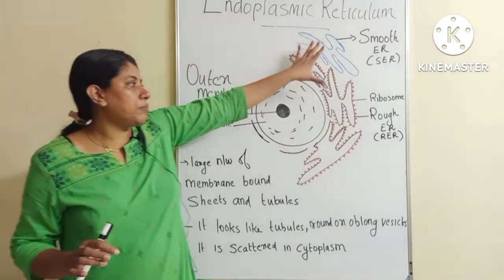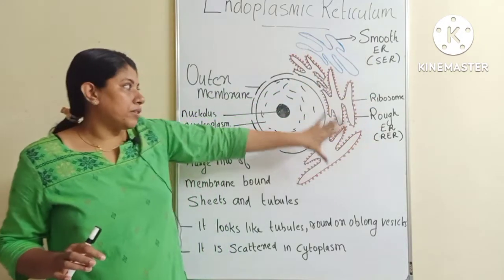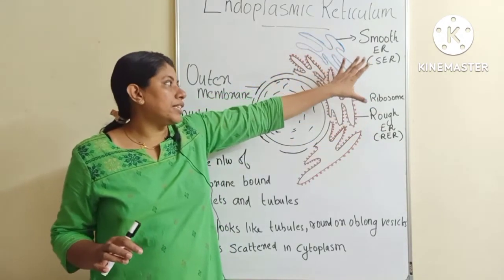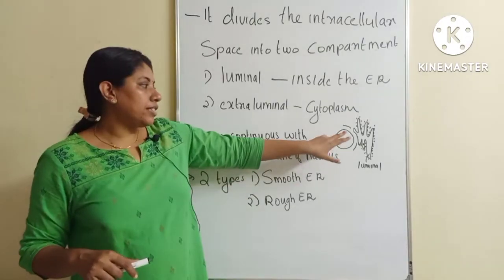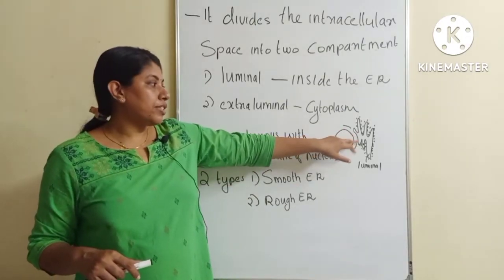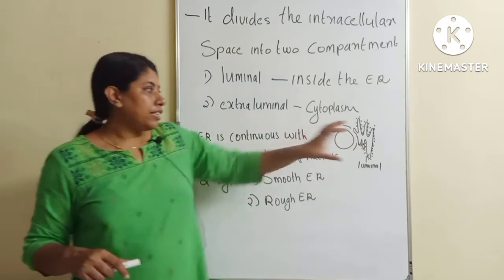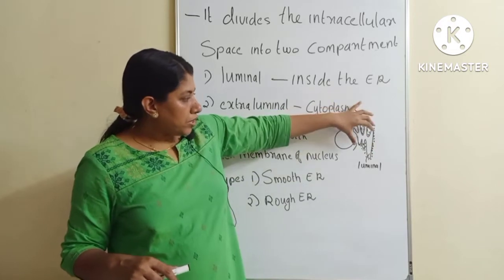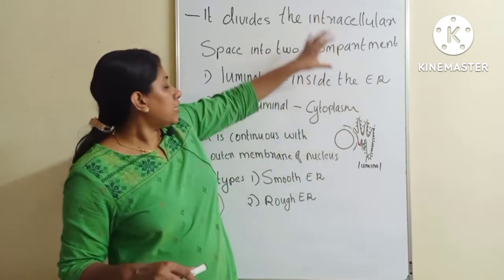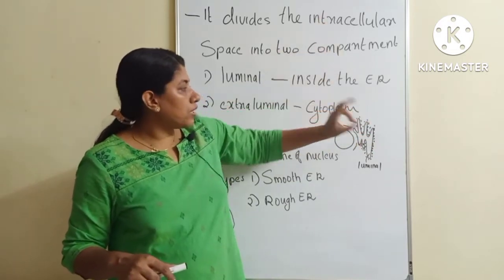The entire thing is present inside the cytoplasm. The endoplasmic reticulum is present inside the cytoplasm. We have already discussed that the endoplasmic reticulum is continuous with the outer membrane of the nucleus, and this entire structure is present inside the cytoplasm. This endoplasmic reticulum divides the intracellular space into two compartments.